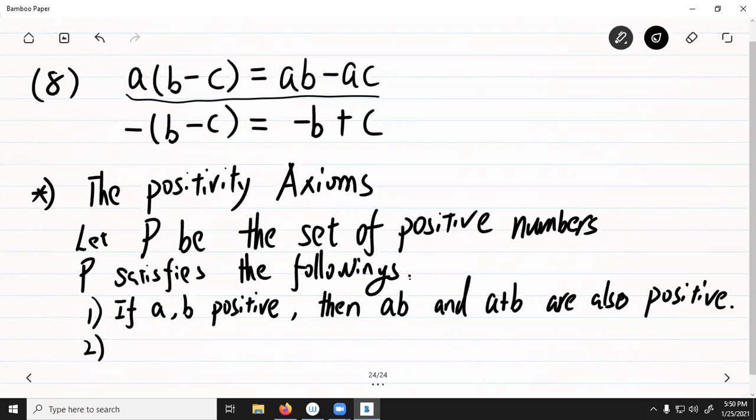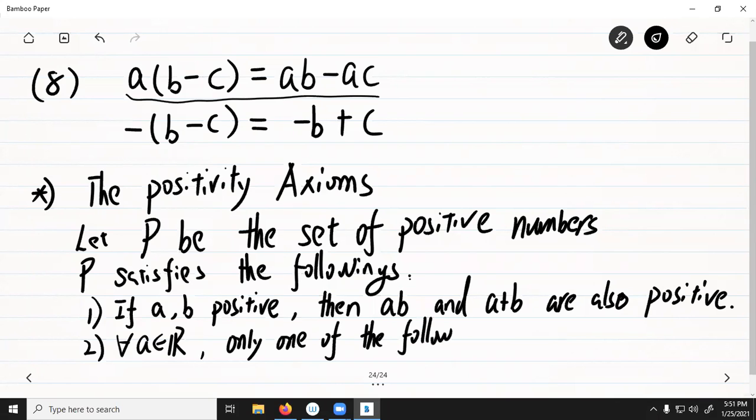The second one: if A is a real number, for any real number, only one of the following is true. What are the following?